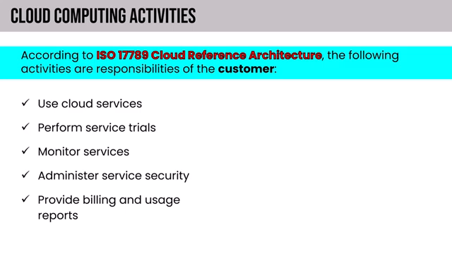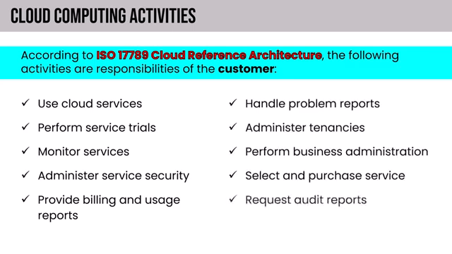Certainly the cloud platform, the CSP, will often provide billing and usage tooling, but billing and usage reporting falls to the customer. And also operations, handling problem reports, performing business administration, administering cloud tenants, selecting and purchasing services, and requesting audit reports. These are all, again, customer responsibilities.